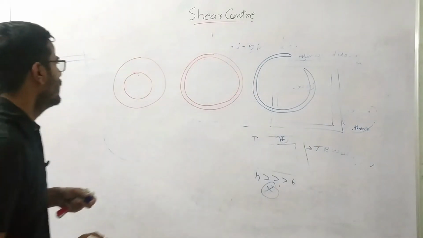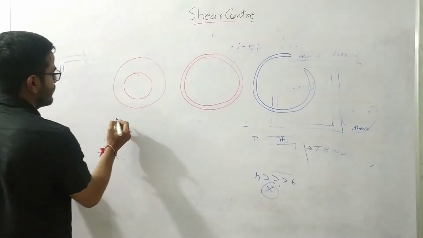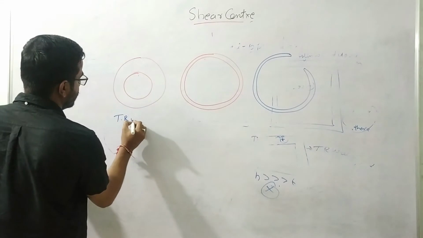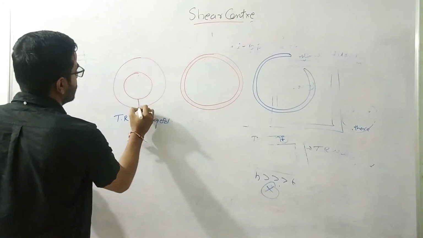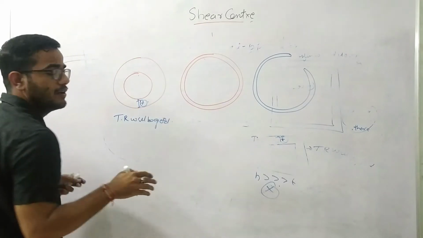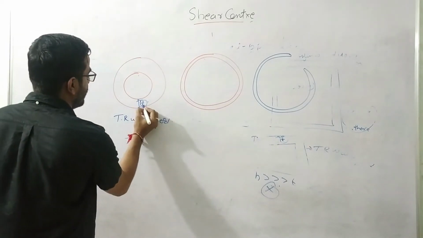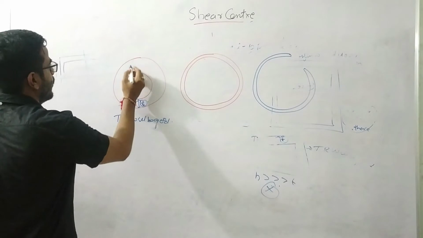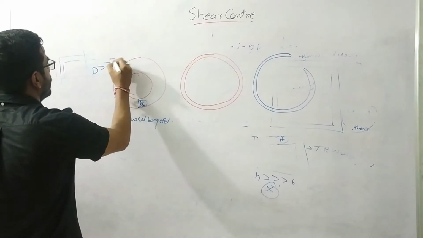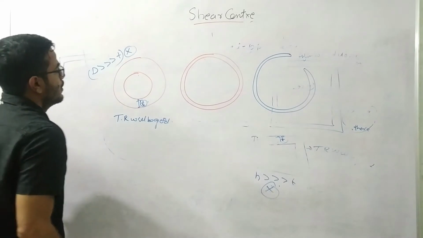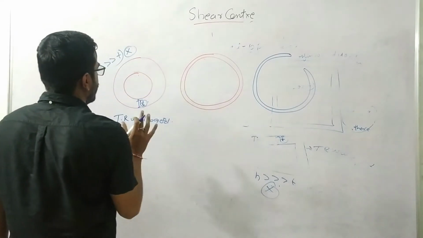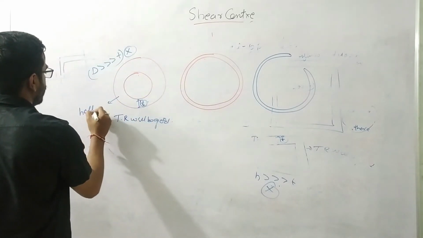In the hollow case, the torsion resistance will be good. Why? Because the thickness at the periphery is sufficient enough to provide torsion resistance. You cannot ignore this condition; the thin wall assumption will not hold. This is not thin wall. This is the hollow cross section.